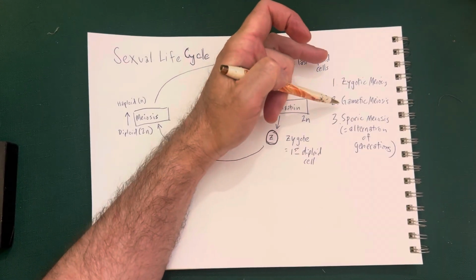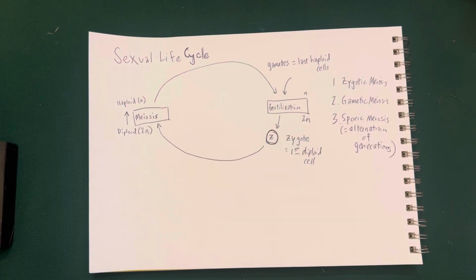Okay, so zygotic meiosis, gametic meiosis, alternation of generations.